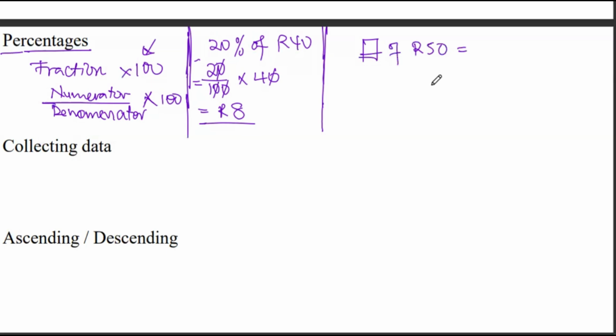What percentage is it? You understand? This percentage is missing.